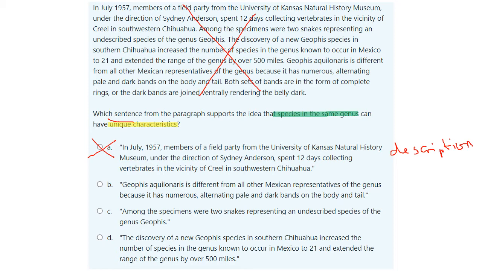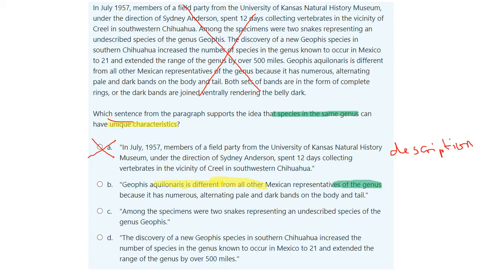B, the Geophis aquilionaris is different from all other, so unique characteristics. To be unique means to be the only one. So different from all other is the same idea as unique. Mexican representatives of the genus.